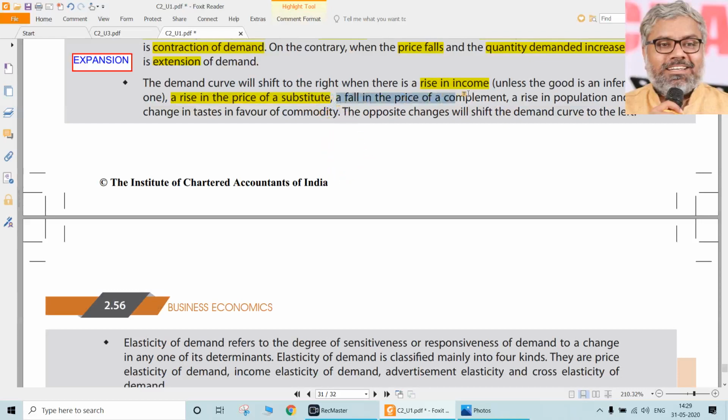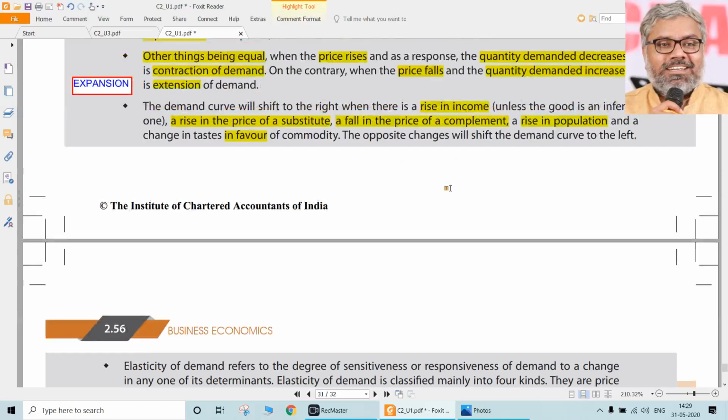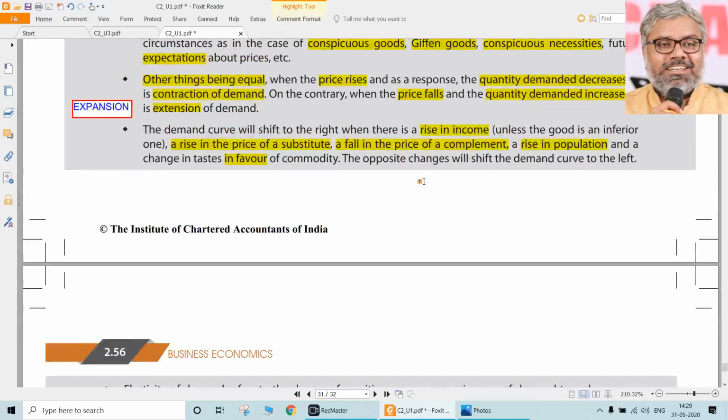When there is a fall in the price of the complementary commodity, then also the demand curve shifts rightwards. Other factors like a rise in population, possible. Change in the tastes in favor of the commodity, possible. Like this, the demand curve will be shifting rightwards because of a change in any other factors other than price.